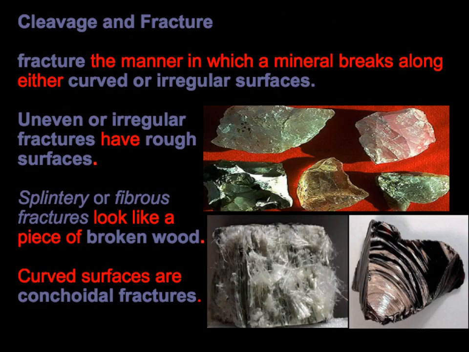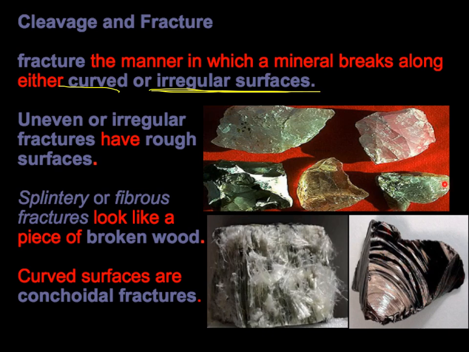That is different from fracture, which is when a mineral breaks along a curved or irregular surface. All right, so there's splintery or fibrous fractures, that look kind of like this. Uneven, jagged fractures, there's conchoidal fractures, which is the tendency to break in kind of circular shapes.